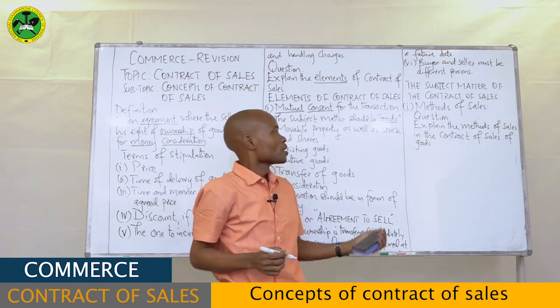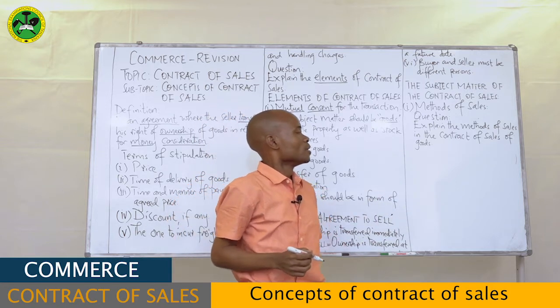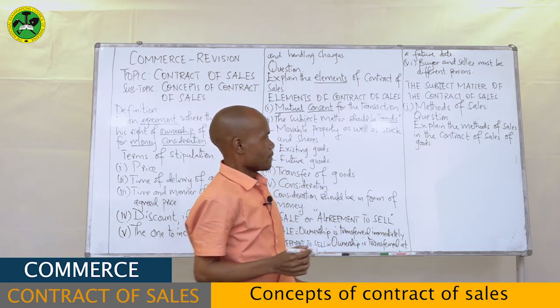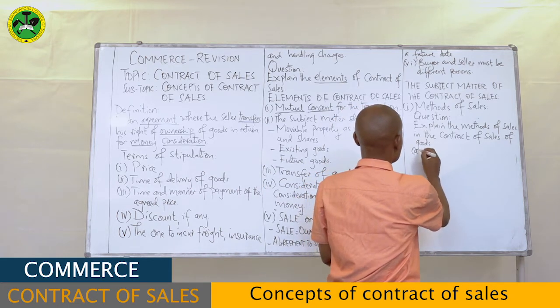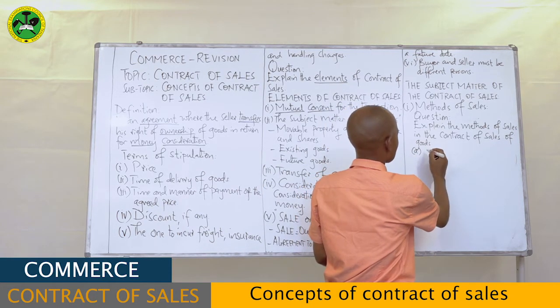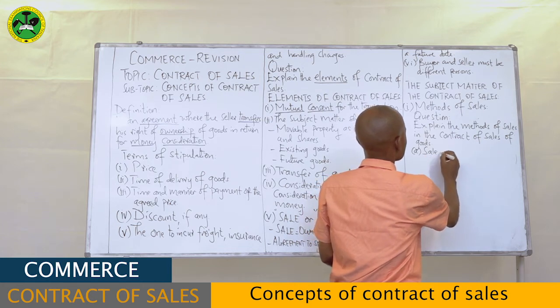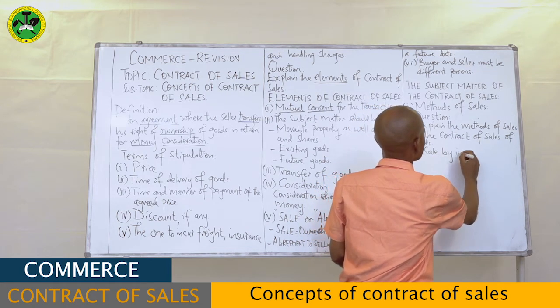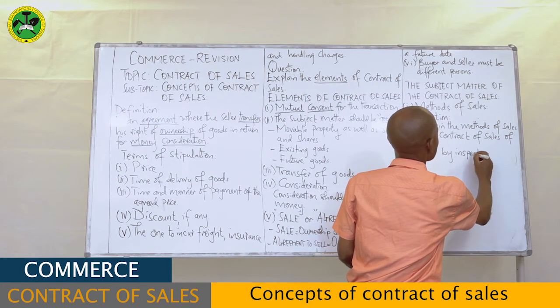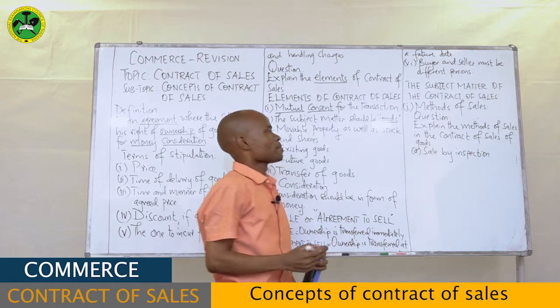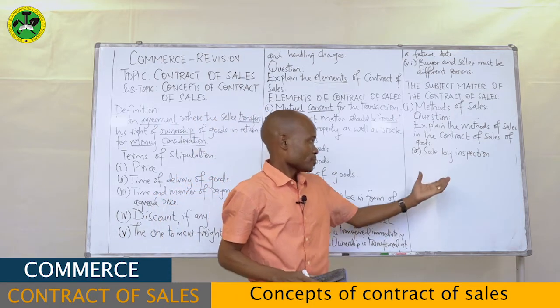So here we can have the following methods. The first one is called sale by inspection.